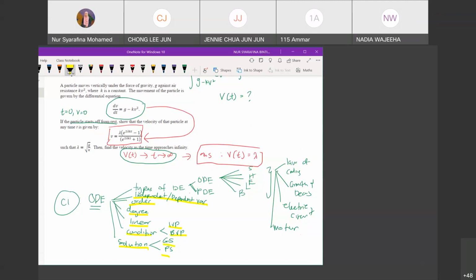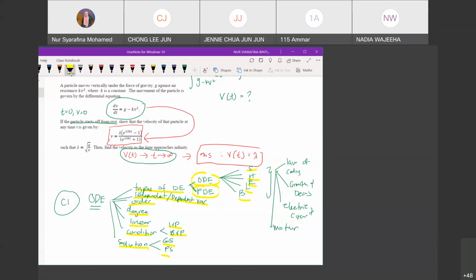And then we know that there are two types of differential equation, ODE and PDE. And what we have been doing in chapter 1 is ODE. And we have discussed 5 types of ODE: separable, homogeneous, exact, linear, and Bernoulli.